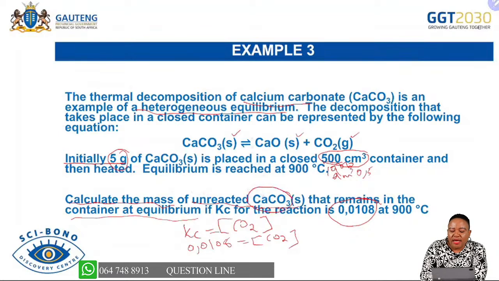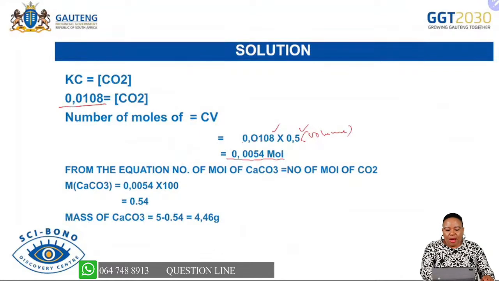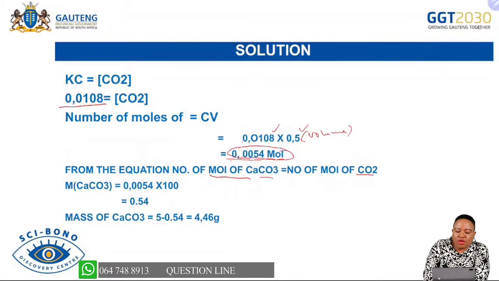Then we know that the ratio of the reaction between calcium carbonate and carbon dioxide is 1:1. Therefore, if we know the number of moles of carbon dioxide, we can use the mole ratio to find the number of moles of calcium carbonate. Therefore, if the number of moles of carbon dioxide is 0.054, it means the number of moles of calcium carbonate is going to be 0.054.